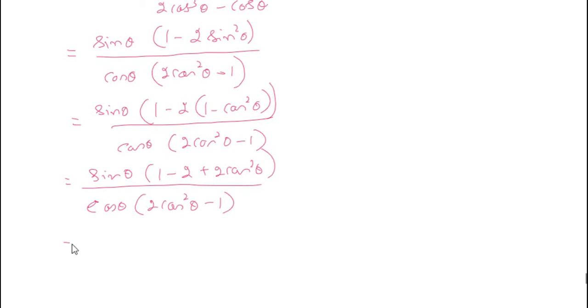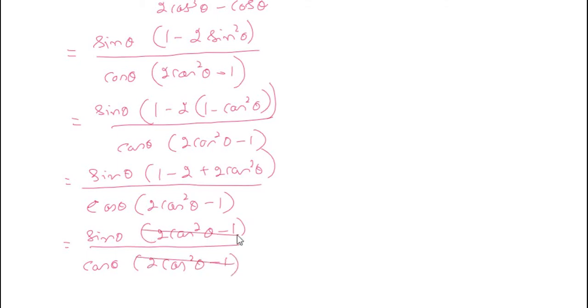The next step here it is sin theta into, here I will write 2 cos square theta first, so 2 cos square theta, then minus 2 and plus 1, so minus 1, divided by cos theta into (2 cos square theta minus 1). These two get cancelled with each other. So sin theta by cos theta equals tan theta. This is the RHS.